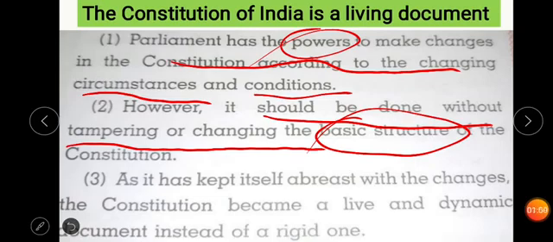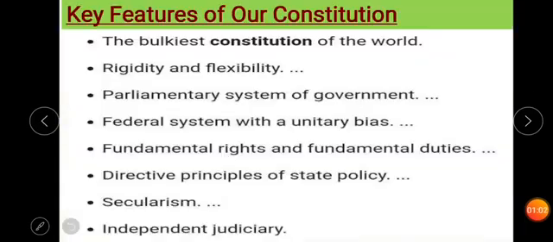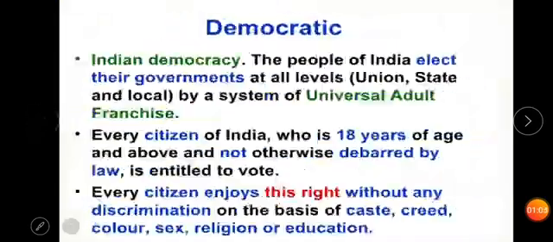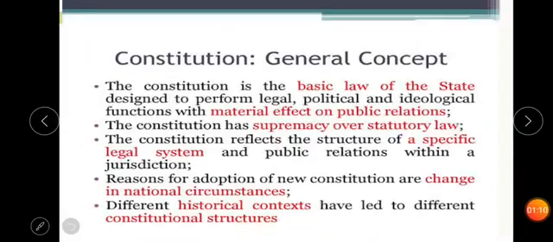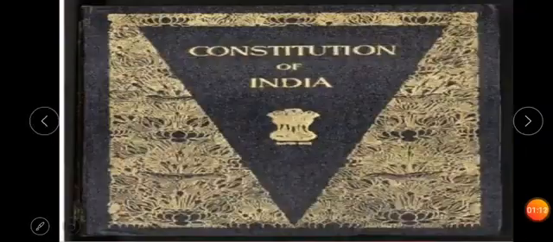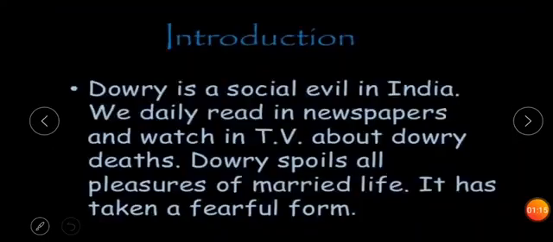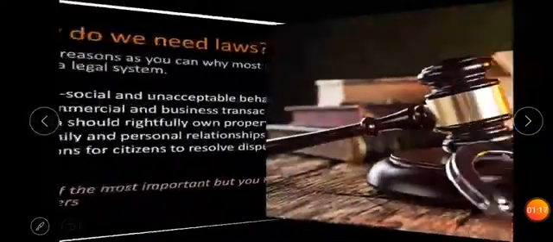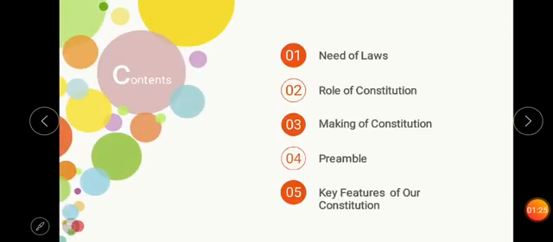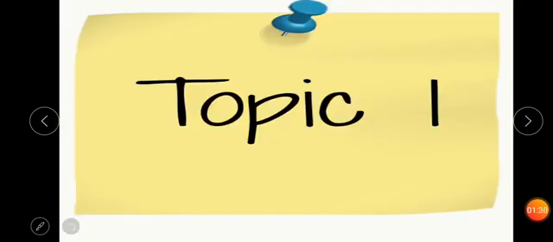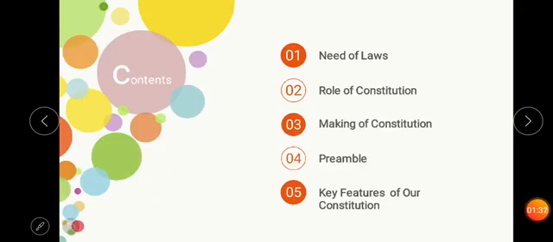So let's revise what we have studied here today. First, need of laws, role of constitution, making of constitution, preamble, key features of our constitution, and constitution a living document.